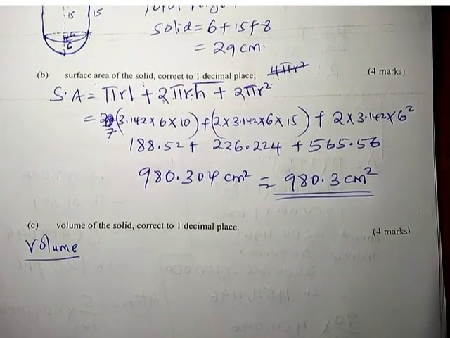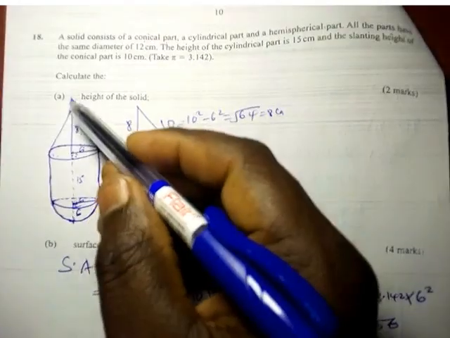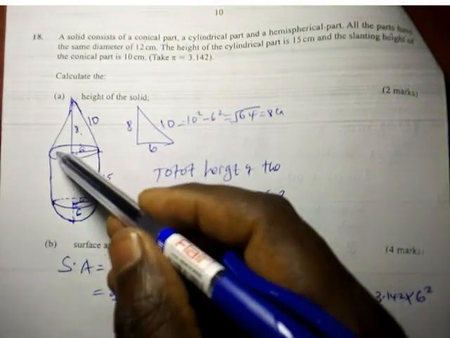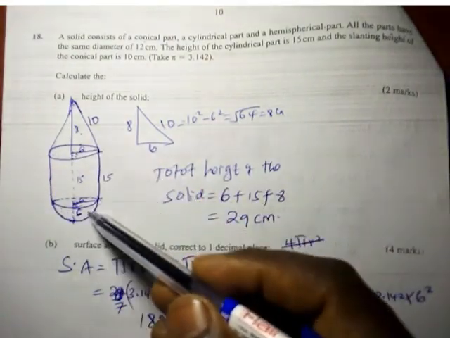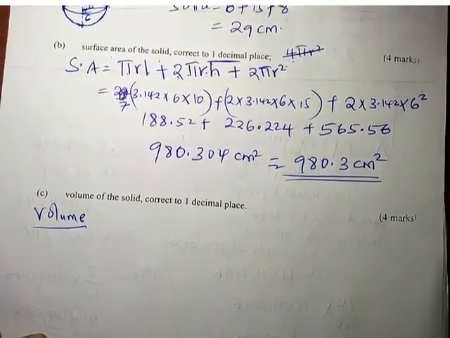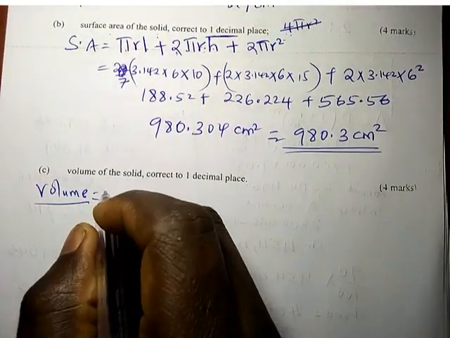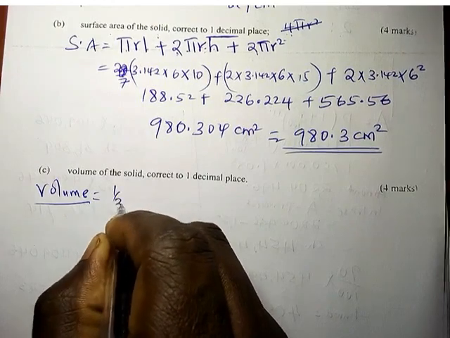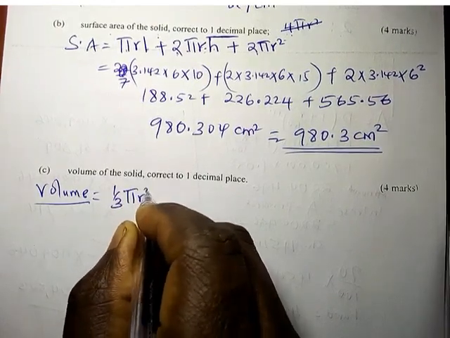Volume, we are now going to calculate the volume of the cone, the volume of the cylinder, and the volume of the hemisphere. You must know the formula, my friend. There is no shortcut. So the formula of the cone is given by a third pi r square h.